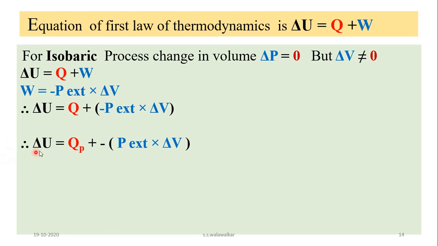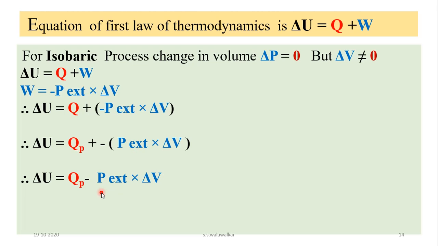Therefore here delta U is equal to QP. Here heat supplied is at constant pressure. Therefore like QV, here we will write QP, that is heat supplied at constant pressure, minus P external into delta V. Delta U is equal to QP minus P external into delta V, that is work done on the system.